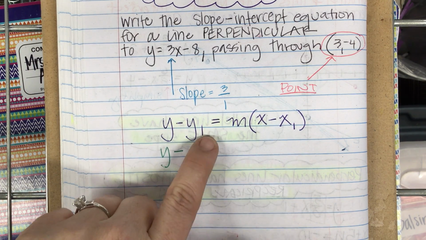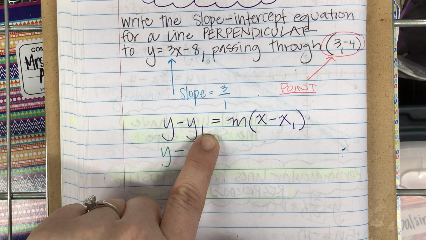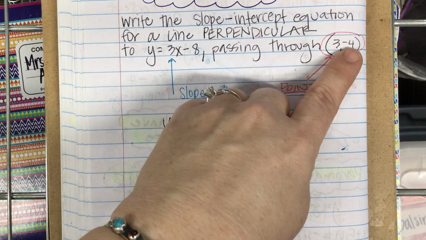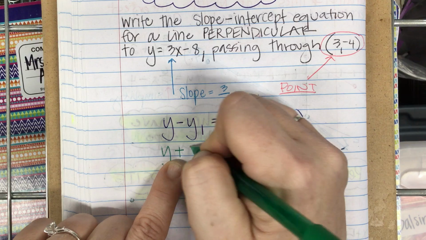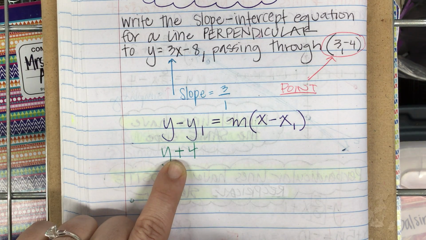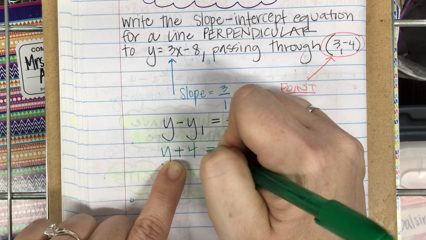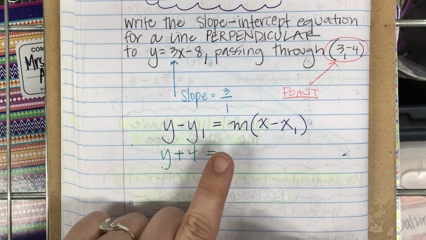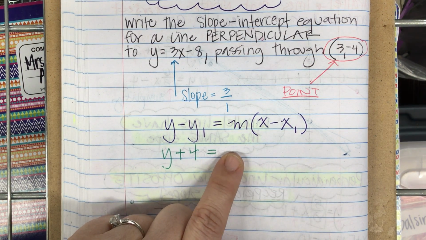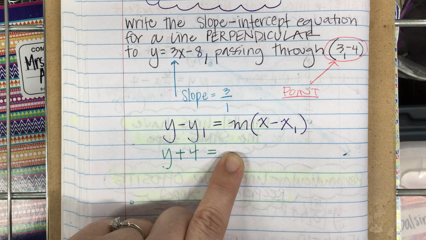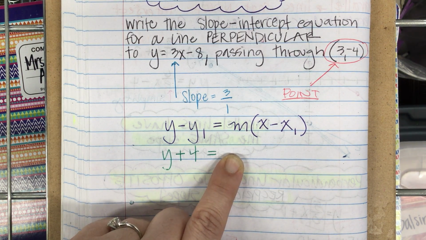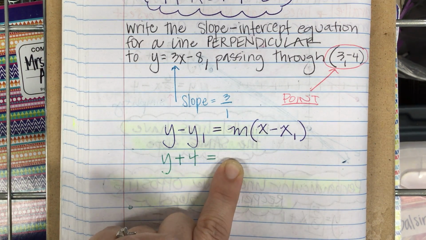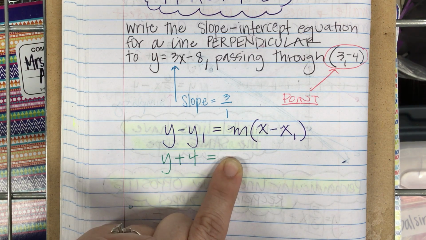But instead of y1, what do I substitute? -4, making this become +4. Equals m. 3 over 1.